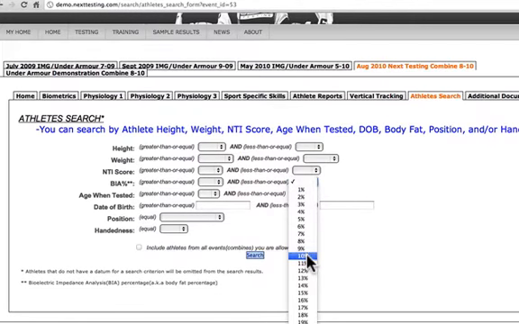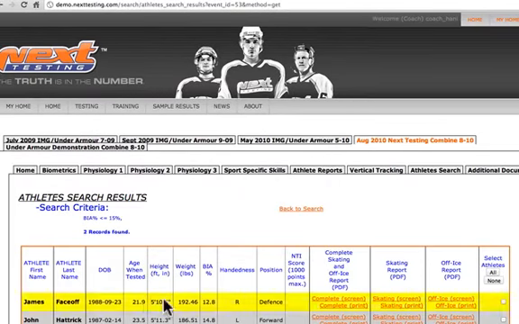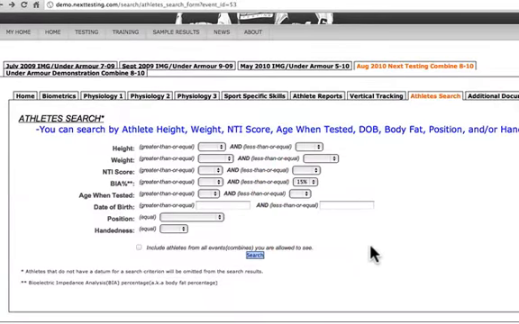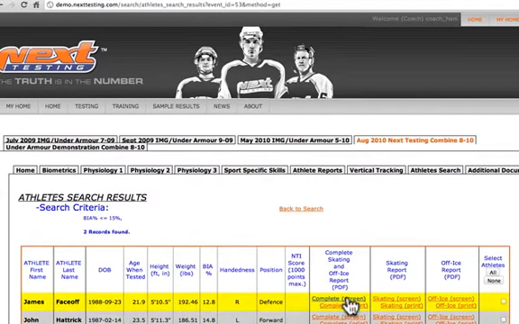Show me everybody who happens to have a body fat below 15%, and you can search. You can see two athletes happen to have below 15%, and of course you can drill down and get a complete report, or you can select them both and put them on the athletes compare page side by side. But we'll get back to it.